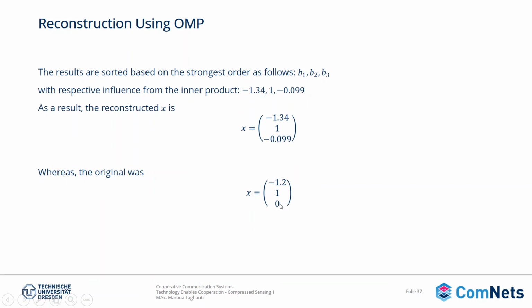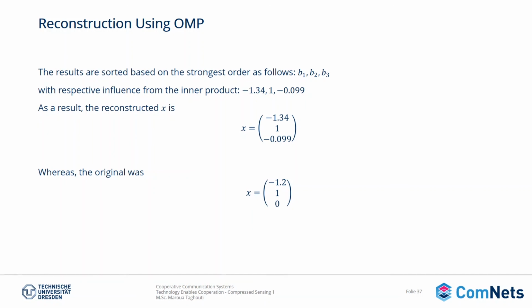To my point of view, this is actually a very good result. You had only two equations to solve a three unknown problem, you could retrieve one of the elements perfectly, and it is perfectly put in its position, and the rest of the two elements are approximately close.